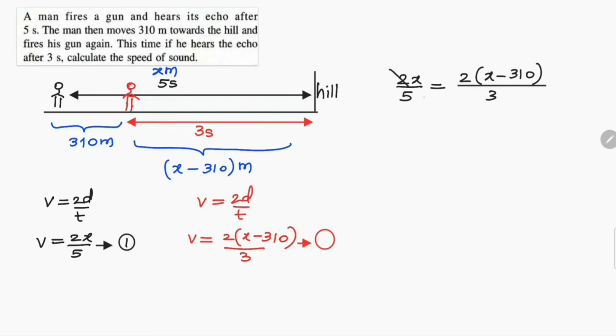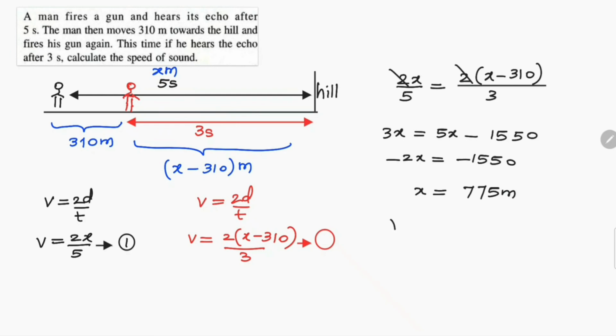Cross multiplying. Solving this further. So x equals, 2 7s are 14, 775 meters. They have asked you to calculate the speed of sound. V is equal to 2x upon 5. So 2 into 775 upon 5, that is 310 meters per second is the answer.